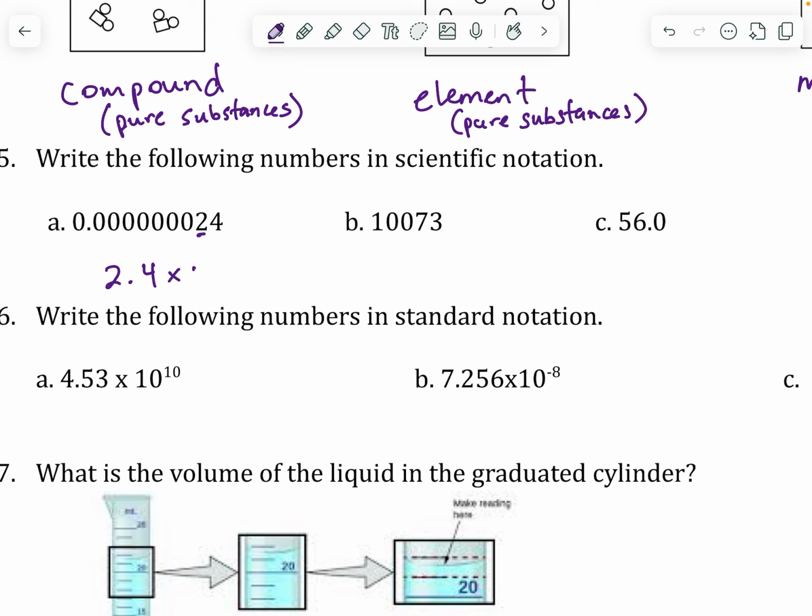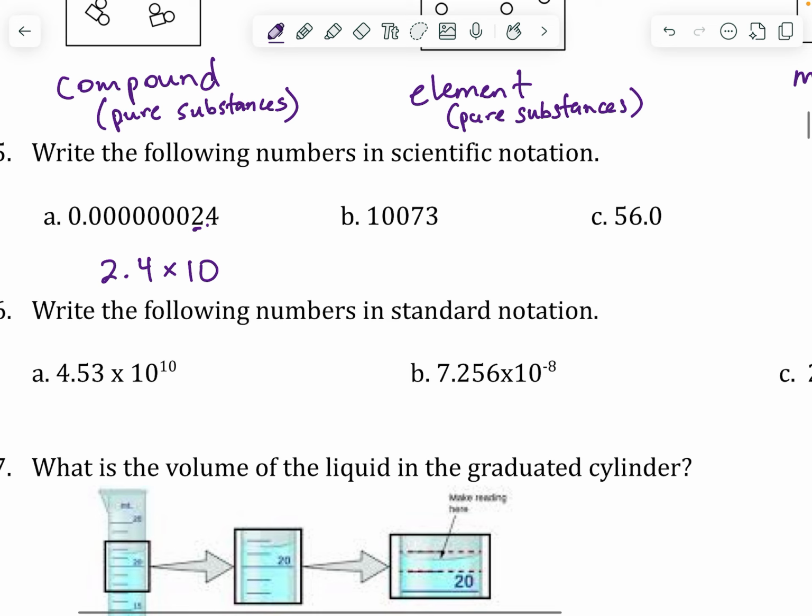And then we have to multiply this by some factor of 10 based on where this decimal moves in order to end up where it is in the actual standard notation. And so what I like to do is say, well, based on scientific notation, if we know that a decimal has to be after the first non-zero number, then let's place it there, and then let's just see what direction we have to move in order to get to the end of our number.